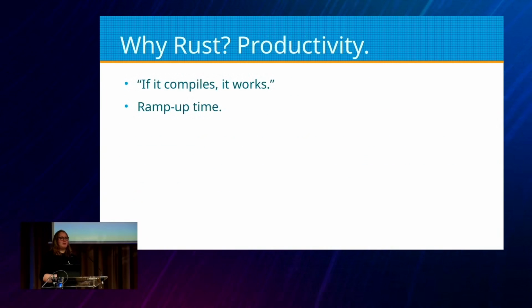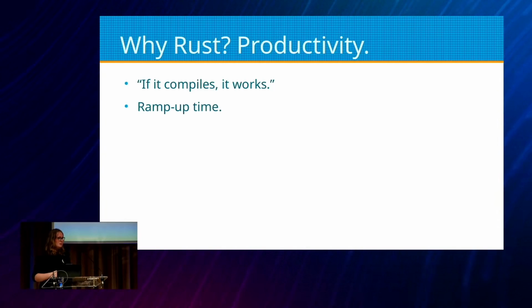I want to say something about productivity, which is, and I put this in quotation marks, if it compiles, it works. And this is something you're going to hear from many people who are using Rust a lot. And there's a reason people say this, right? It's not that there's never bugs in Rust code, but there really is quite a lot of people who have the experience that they write some Rust code and it works on first try often.